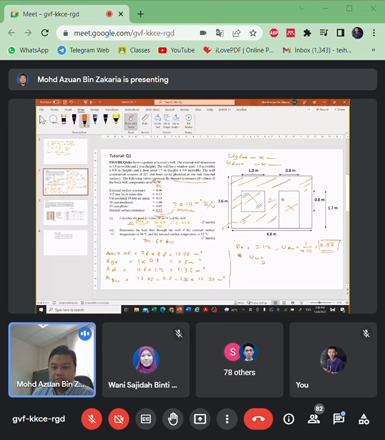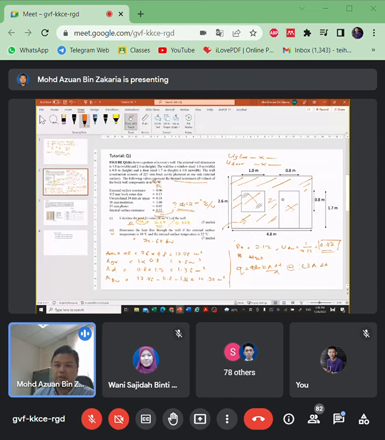Okay, next question. Determine the heat flux to the wall if the external surface temperature is given. Alright, so here we want to find Q. Q can be K A dt over D, or we use U A dt.